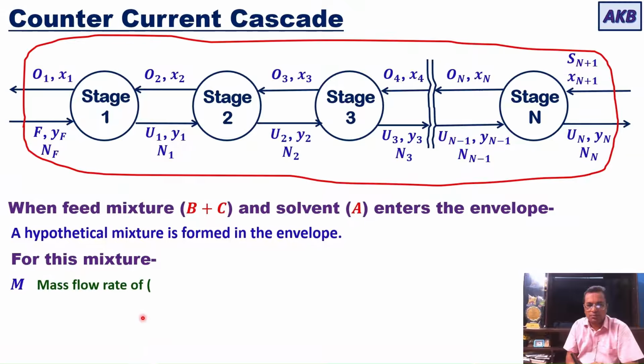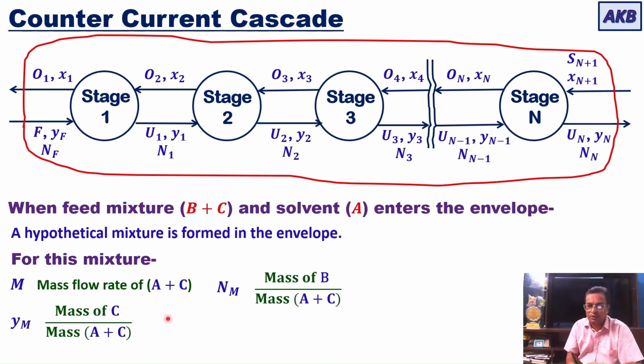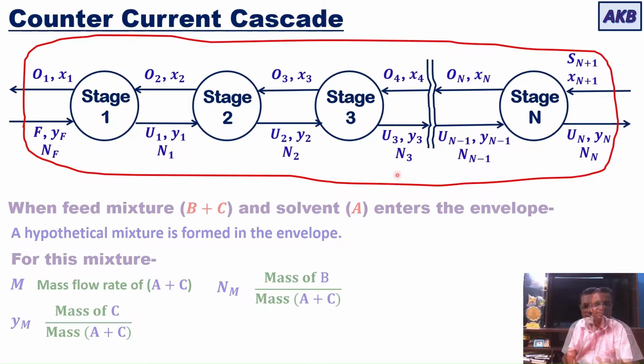M is the mass flow rate of A plus C in the mixture, whereas Ym is mass of C divided by mass of A plus C in the mixture, and Nm is mass of B upon mass of A plus C in the mixture. Ym is the weight fraction of C on a B free basis, and Nm is the weight fraction of B on a B free basis in the mixture.